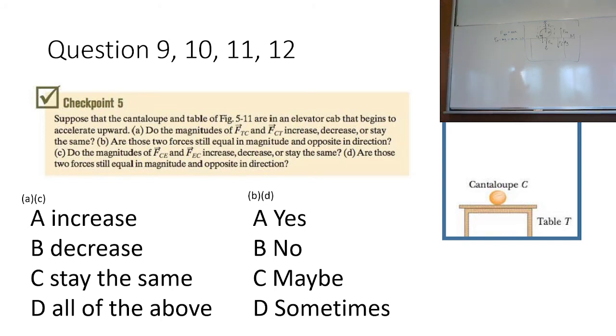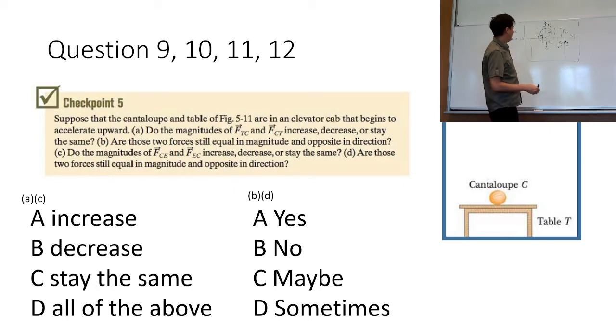Do the magnitudes of FCE, I think FCE meaning that's actually this one. I didn't quite follow the notation yet, but CE must be the gravitational force between the cantilever and the Earth. So actually it's just mg.